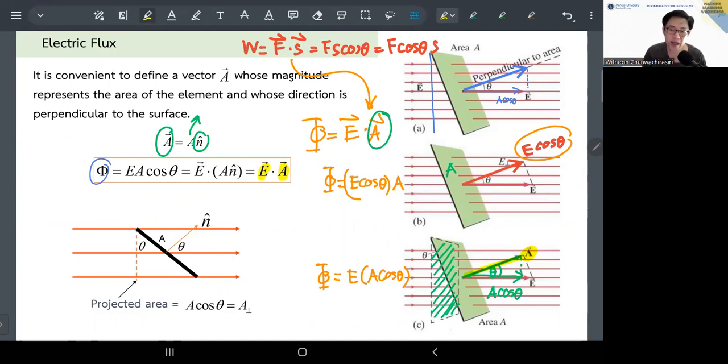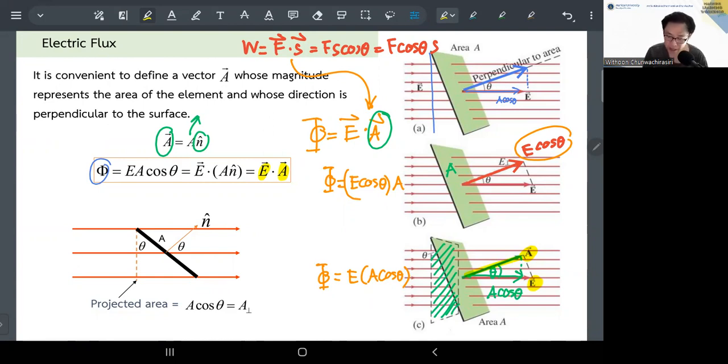So once the area has a direction, now the only thing that you need is to take the electric field E, dot with the A, and we knew that every time you do the dot product, it just means that you only want the two vectors that are pointing in the same direction to do the multiplication, just only the parallel components.